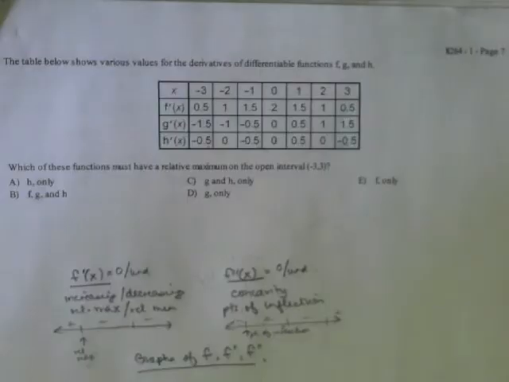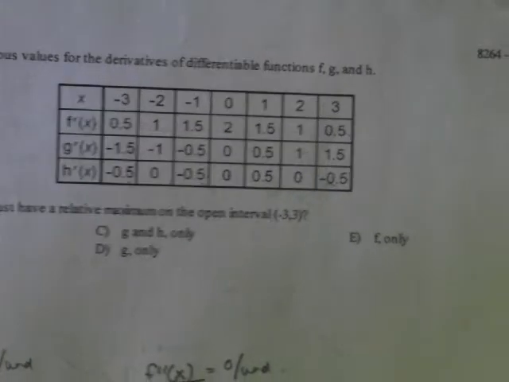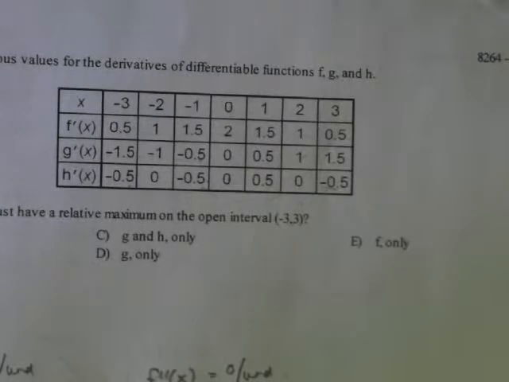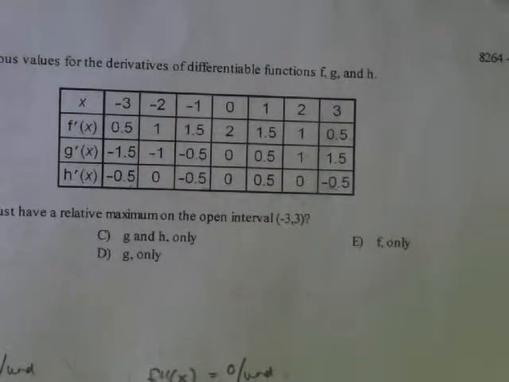And which of these functions must have a relative maximum somewhere between -3 and 3? So if I zoom in closer to the graph, which one must have a relative maximum? And take a minute quietly on your own to try to think about that.